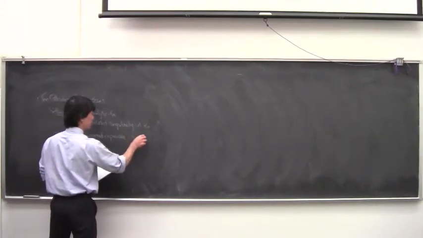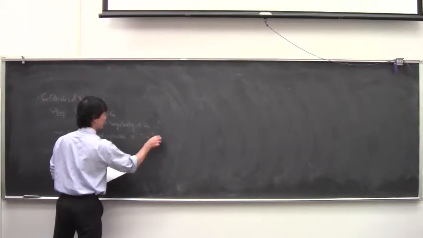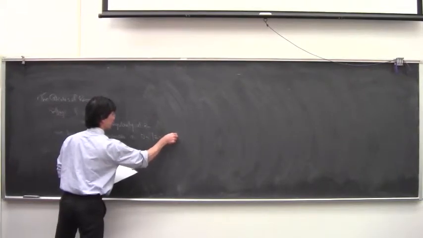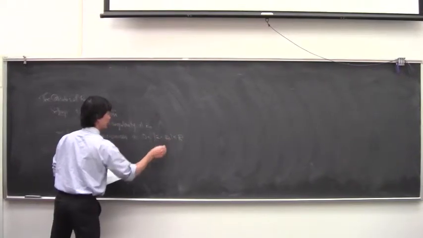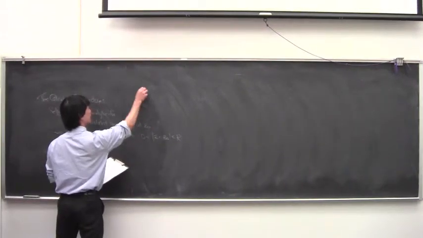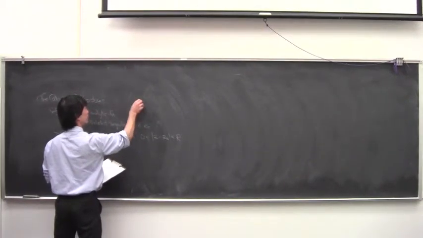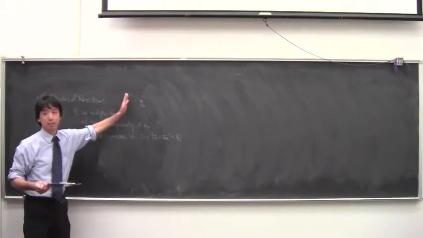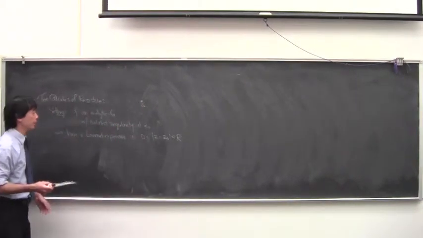In some annulus, right? So you have this point z naught, and you have some expansion in the disk minus that singularity.